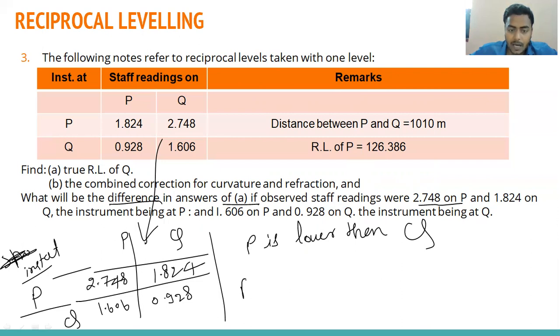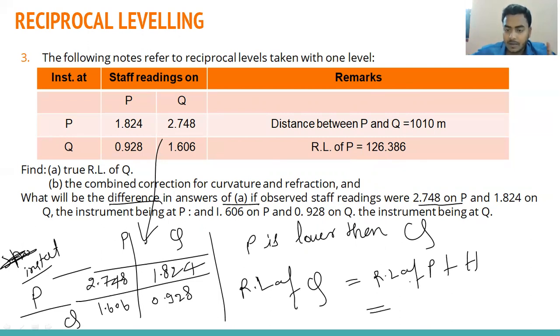So now we can calculate the RL of Q. P is lower than Q, so Q is higher than P. So RL of P plus H. Last time, what did we do? Minus H. This time plus H because Q is higher.